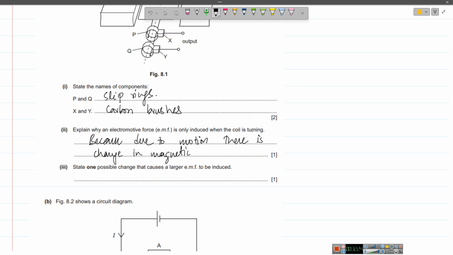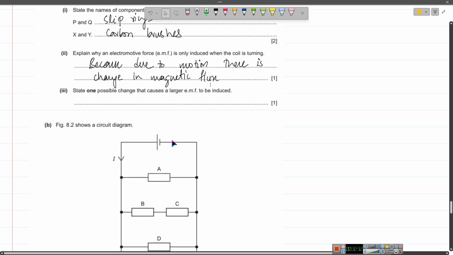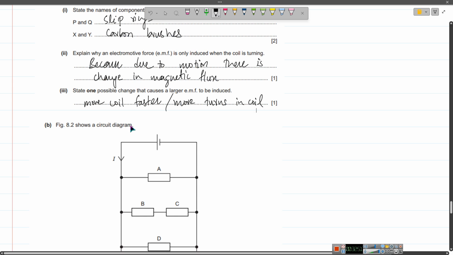Magnetic field or magnetic flux, we call it. So whenever the magnetic field changes through a coil, only then power is generated. State one possible change that causes larger EMF to be induced. Move the coil faster, or more turns in the coil. Either one, so either way, you can get more EMF out of it.